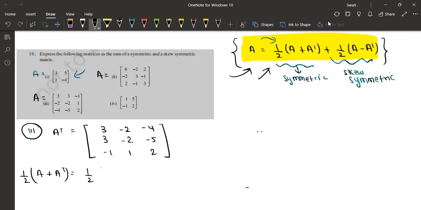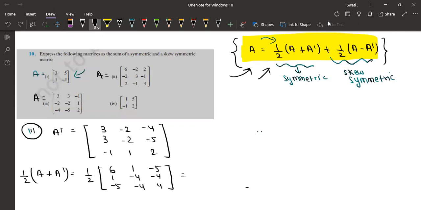So half, if you do A plus A transpose, if you add them, it is basically 6, 1, -5. I'm just adding the corresponding entries, 3 plus 3, 6, 3 minus 2, 1, like that. And next we will have 1, -4, -4. Next we have -5, -4, 4.